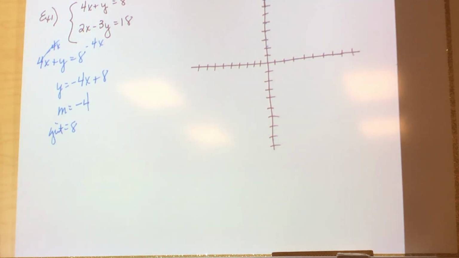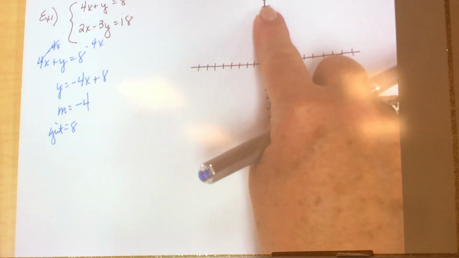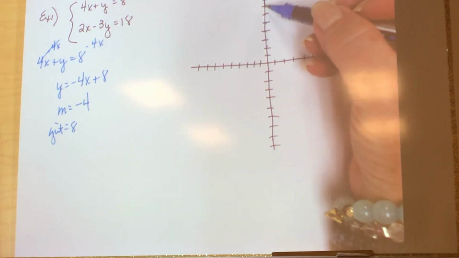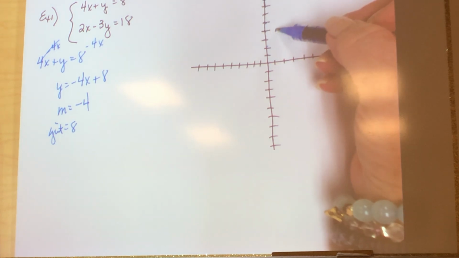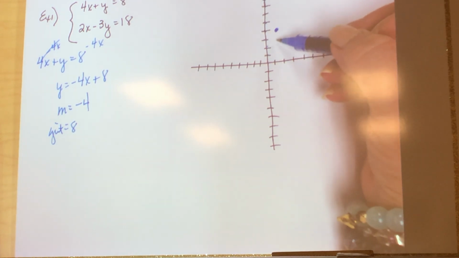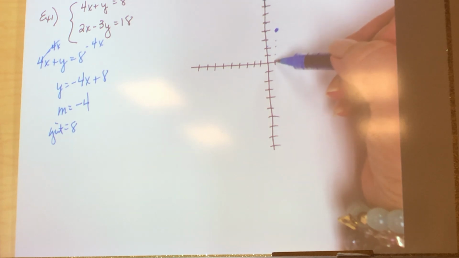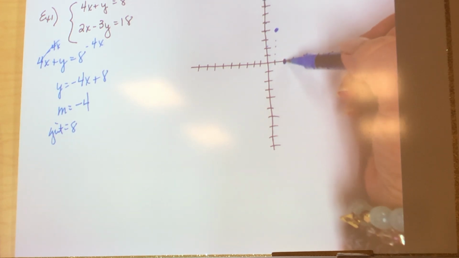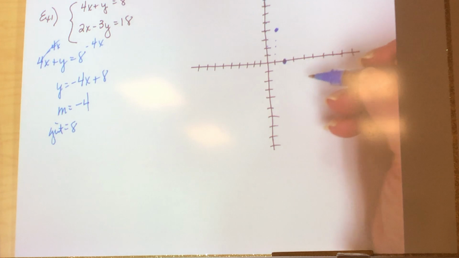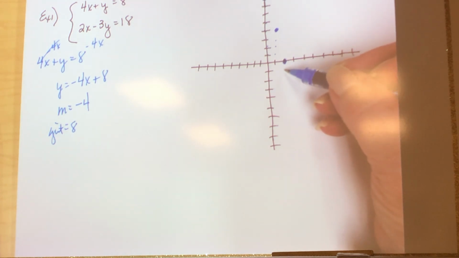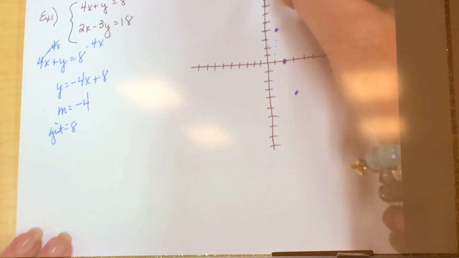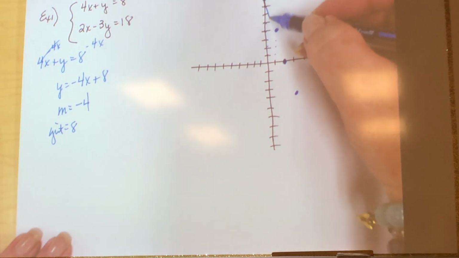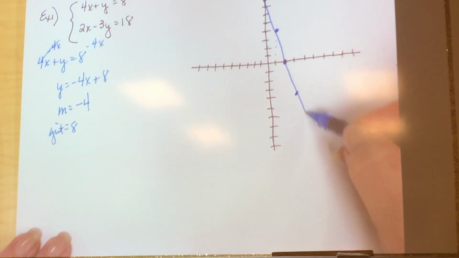Okay? But they should be centered around this guy right here. So I'm going to go down 4, 1, 2, 3, 4, because it's negative, and right 1, and make a dot. And then I'm going to go down 4 and to the right 1 and make a dot. I'm going to do it one more time since I'm looking for an intersection. 1, 2, 3, 4, and to the right 1. So this is my line.